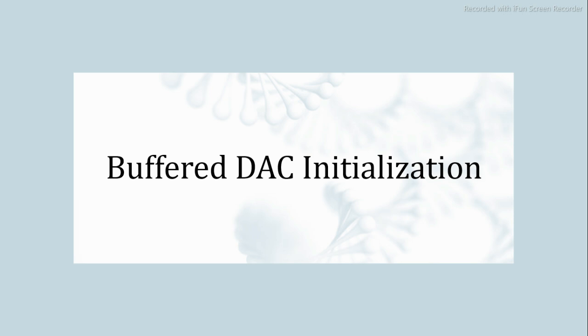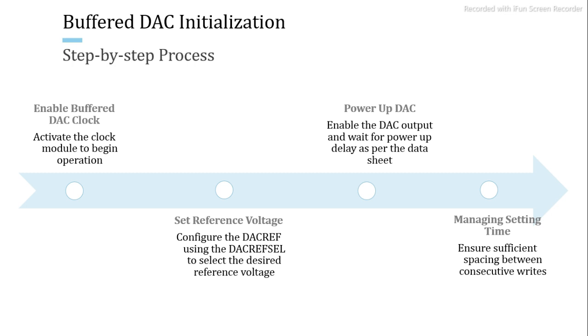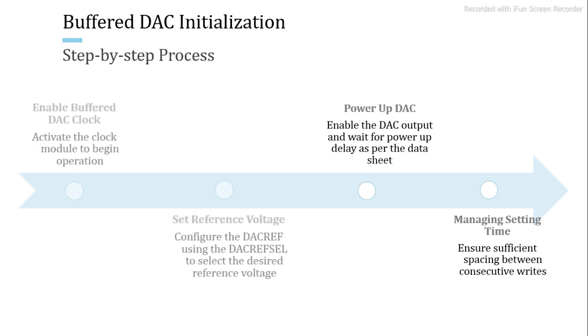So how do we initialize the Buffered DAC? Let's explore the step-by-step process. The first step is to enable the Buffered DAC clock, which activates the clock module to begin operations. Next, set the reference voltage.